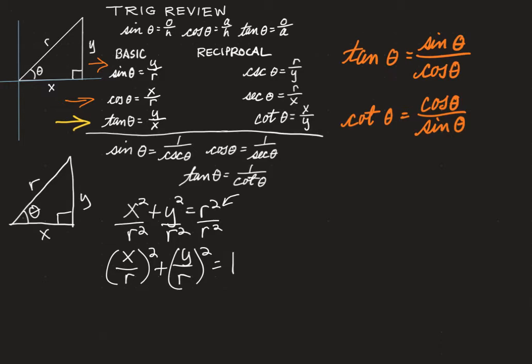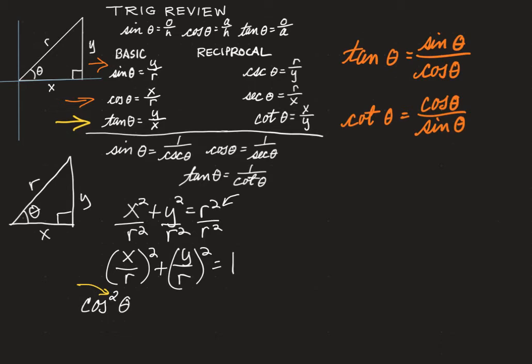So we could write that as x over r, the ratio squared. That would be cosine squared of theta. Yes, that's the convention. When you square a trigonometric function, the square goes there, not after the theta.